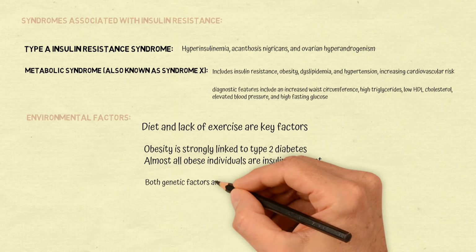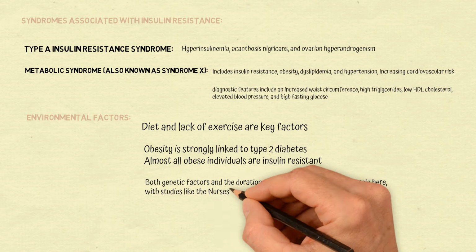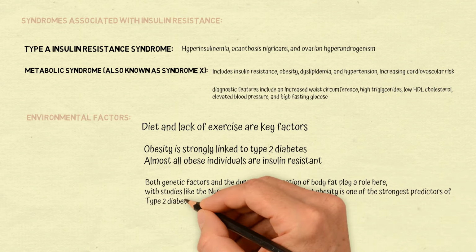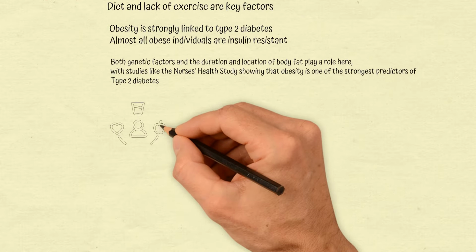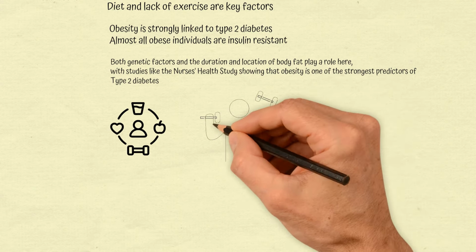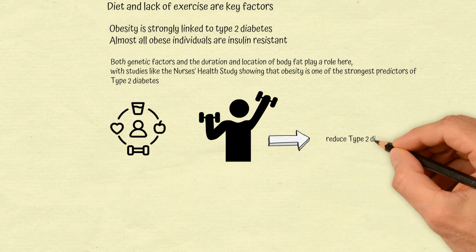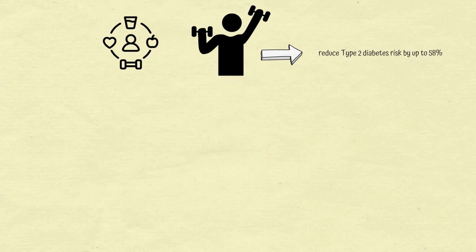Both genetic factors and the duration and location of body fat play a role here, with studies like the Nurses' Health Study showing that obesity is one of the strongest predictors of type 2 diabetes. Fortunately, lifestyle interventions can make a difference. Regular exercise significantly boosts insulin sensitivity and can reduce type 2 diabetes risk by up to 58% in people with prediabetes, regardless of their weight or family history.